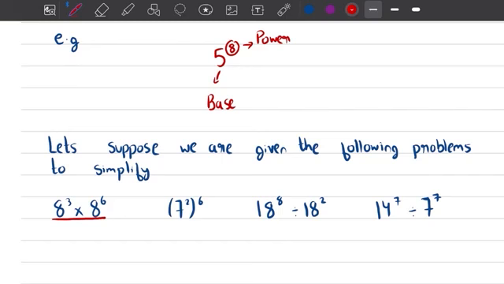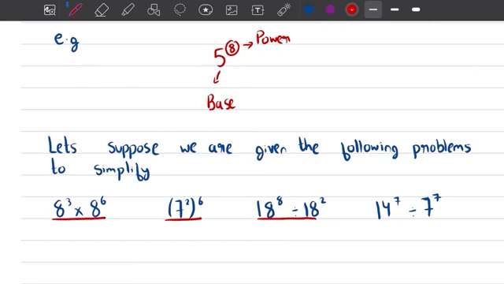If it would have been 2 cube, I know that's 8. 2 power 4, I know that's 16. But with larger numbers like 8, 9, 10, it's very difficult to solve these kinds of questions.